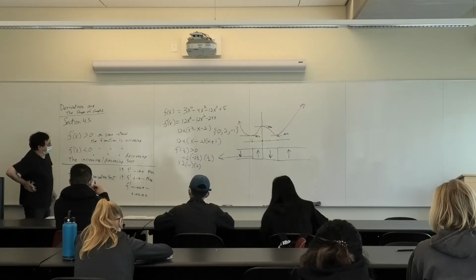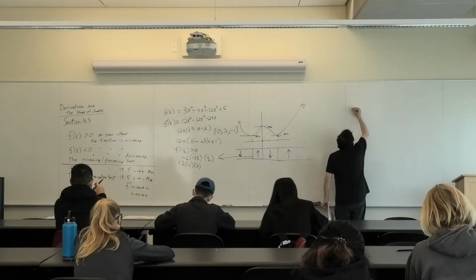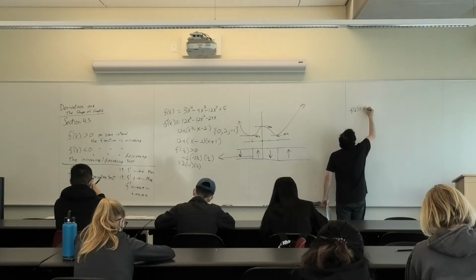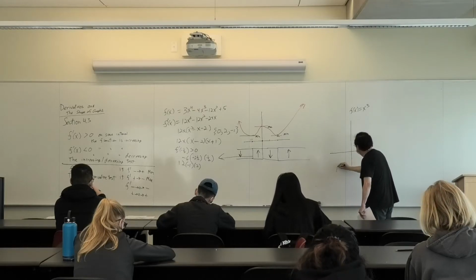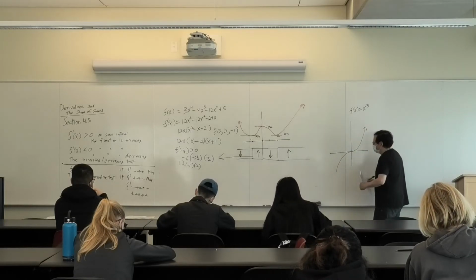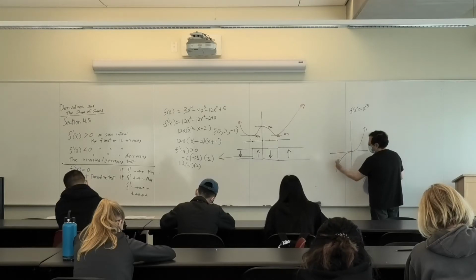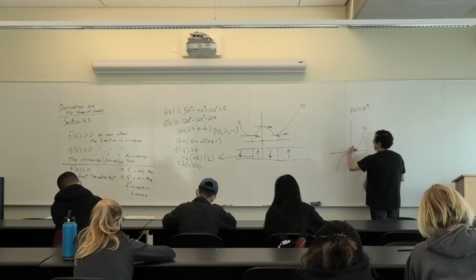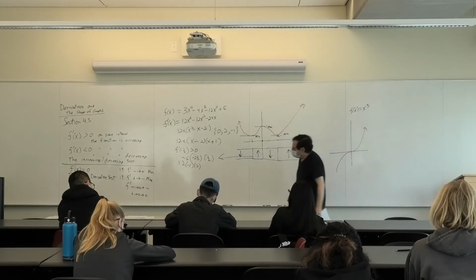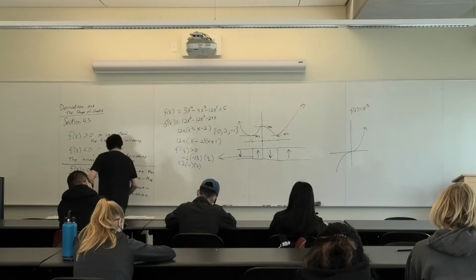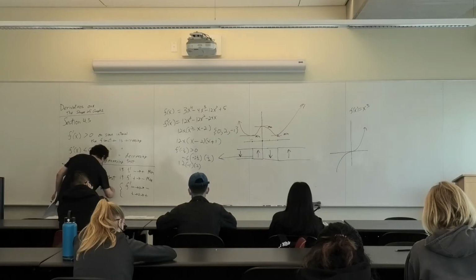What would that look like? An easy example would be f of x equals x cubed. Here we have a positive derivative, so we know it's increasing. It goes to 0, and then it's positive again. So in these two cases, you don't have a local extreme.